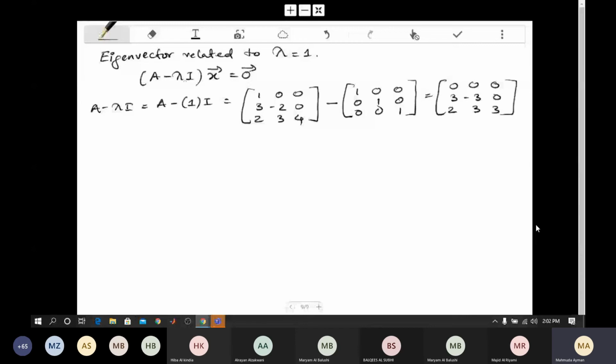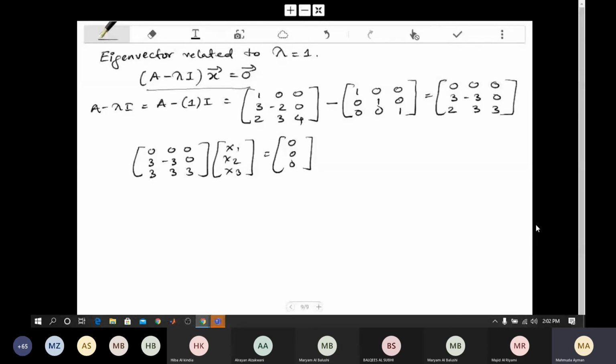If you write it in this form, we have the A minus lambda I matrix, which is 0 0 0, 3 minus 3 0, and 2 3 3, times the unknown vector x, which is x1, x2, and x3, because this is a 3 by 3 matrix. And then the 0 vector is 0, 0, 0.